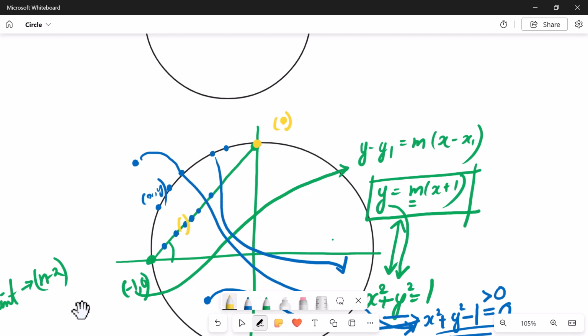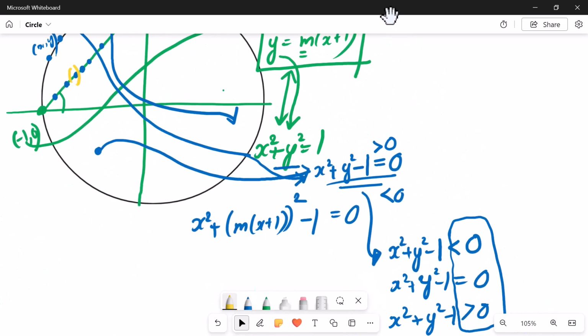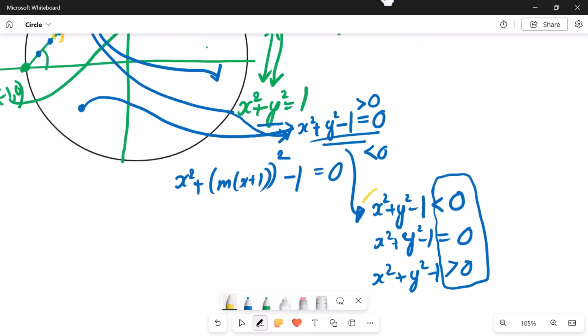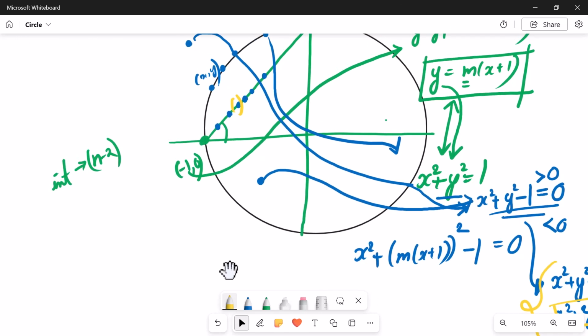But to get to the intersection point, we will have to make use of these conditions that I have just written down here, because most of the time the value will come out to be negative. Why? Now I will discuss the approach, then you'll understand why most of the values will come out to be negative.